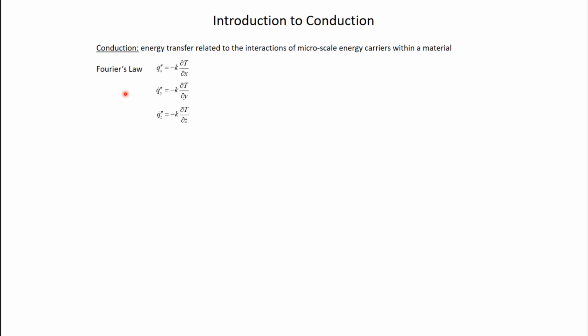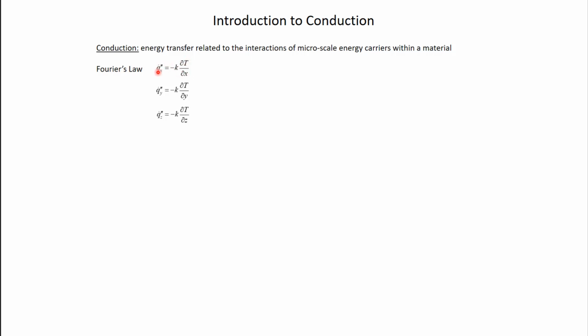So here's Fourier's law. It basically says that the rate of heat transfer per unit area, so that's what the double prime means, right? So this is q dot double prime. This is a heat flux. This is watts per meter squared, the rate of heat transfer per unit area in the x direction, so the subscript here means in some direction, is equal to minus k, the thermal conductivity, times the temperature gradient in that direction, right?